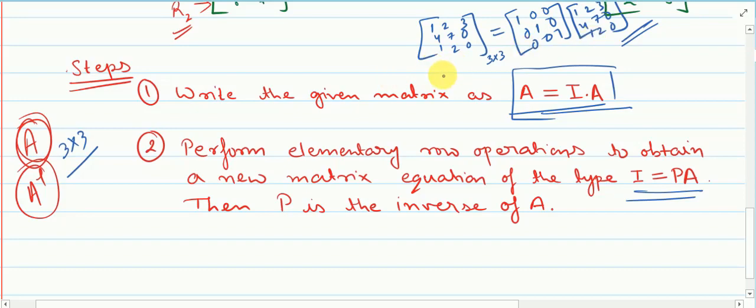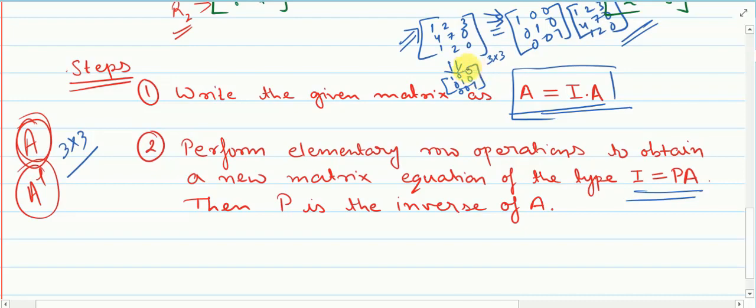Next I should apply the elementary row operations and make this identity on the left hand side. While doing these elementary row operations, they will be applied on this as well as on the identity matrix.